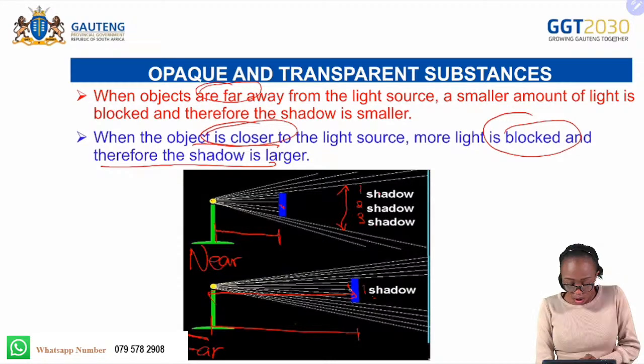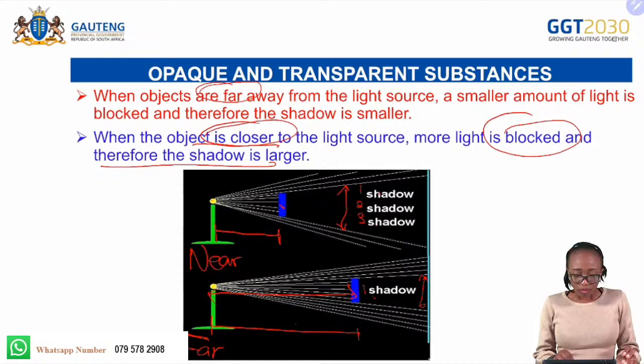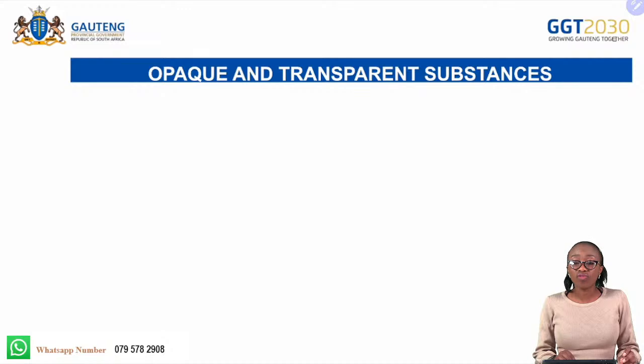The distance between the opaque object and the light source is longer, so the shadow is smaller because a smaller amount of light is being blocked, and you can also see that the space there is small. Okay, now let's move on to the next slide.